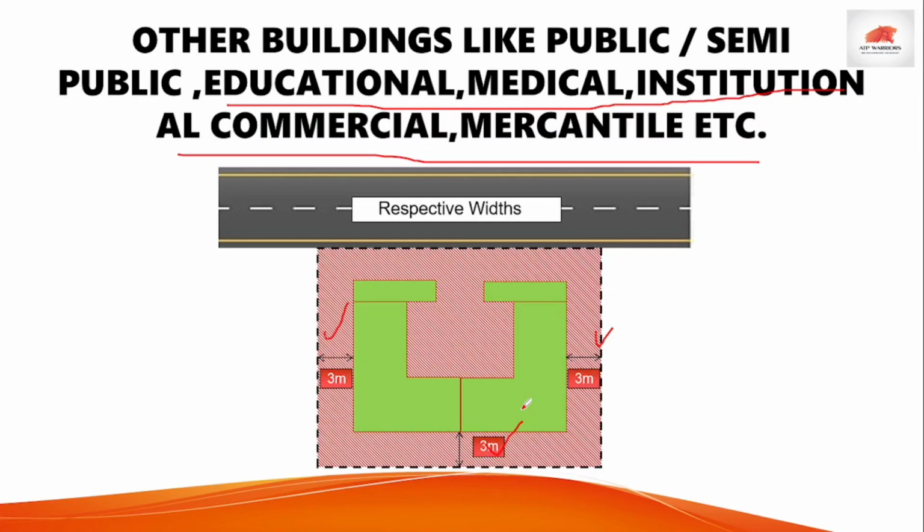Okay, for the other buildings in non-congested area we are talking about. And the height of the building is up to 24 meter, we should keep it 3 meter. Keep in mind, for other building which height is up to 24 meter, side and rear marginal distances should be 3 meter.